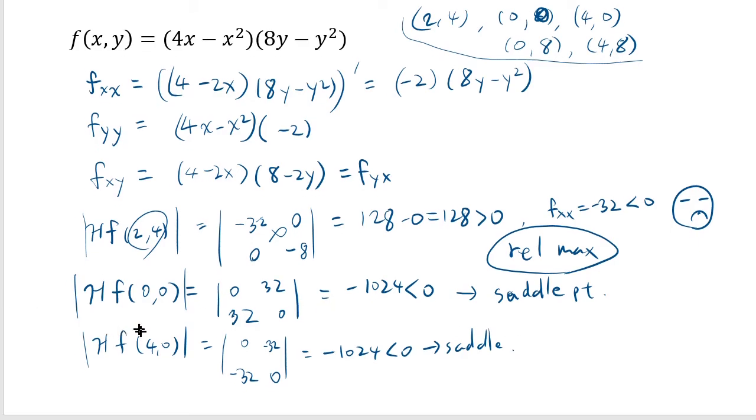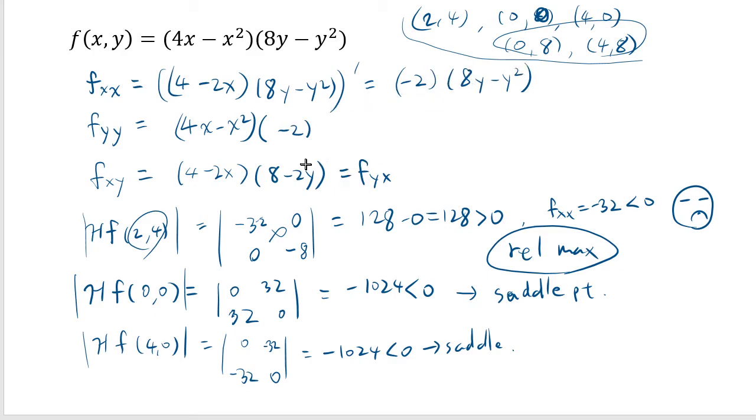Okay, I have a feeling that it's going to be the same story with 8. Let's just see, (0, 8). If you plug in 8 into y, it's going to be 0. Yes, just as I thought. So when you plug in 8 here, it's going to be 0. And when you plug in 4 into x or 0 into x, it's going to be 0. So for both of these points, you're going to get the Hessian's diagonals to be both 0.